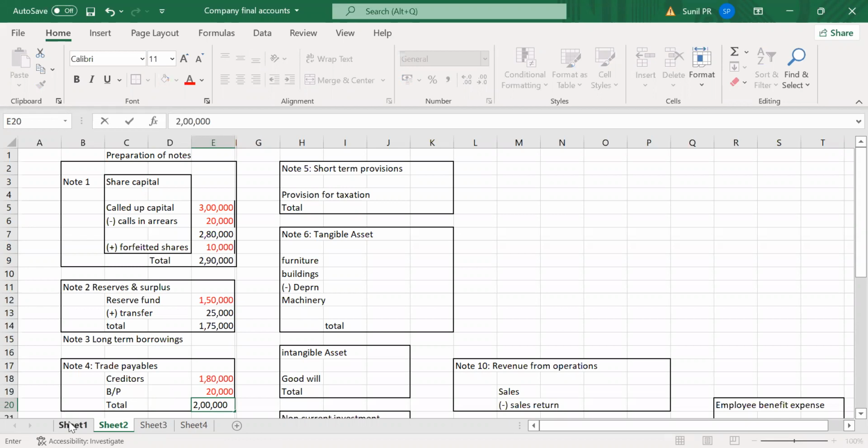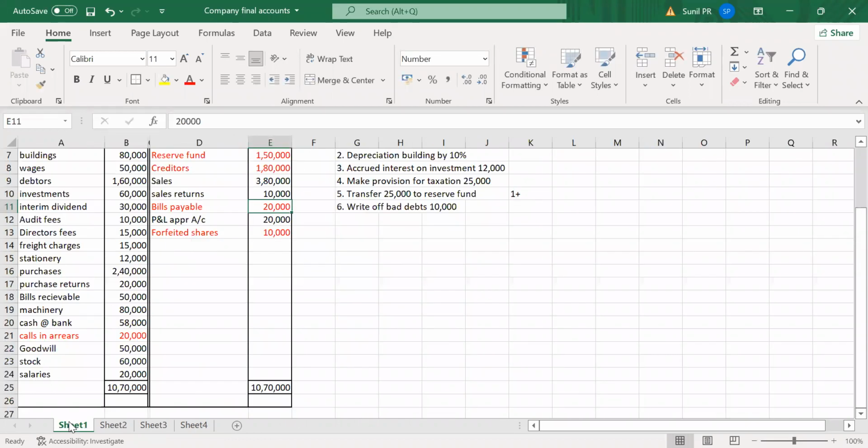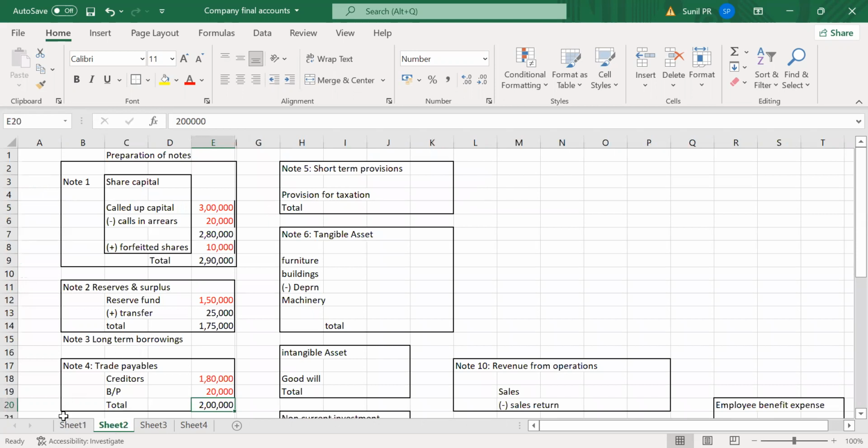Next, we were in the third heading. Non-current liabilities was over. Current liabilities, short-term borrowings. There are no short-term borrowings. Trade payables, we have done. If any provisions are there, you should take care. Provision for taxation, 25,000. Yes, it has provision for tax.